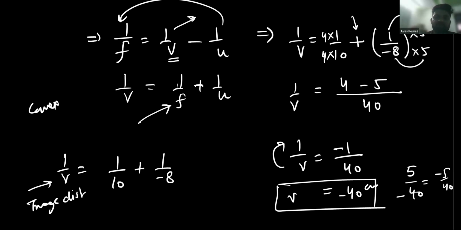For making it 40, I multiplied this one by 4 and this one by 8. Since this is the minus sign, it becomes 4 minus 5 upon 40. Now solve it and you will get the answer.